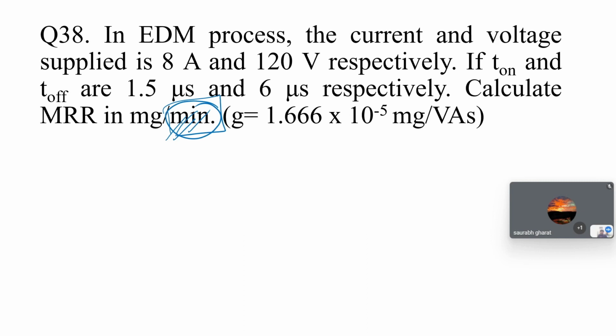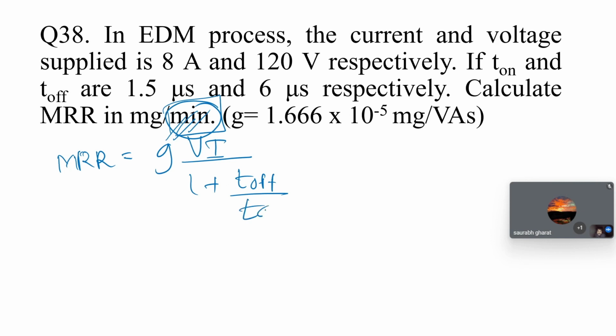You have the formula already, so just solve. Just write the formula in case you want: MRR equals G into V into I divided by 1 plus T off by T on.